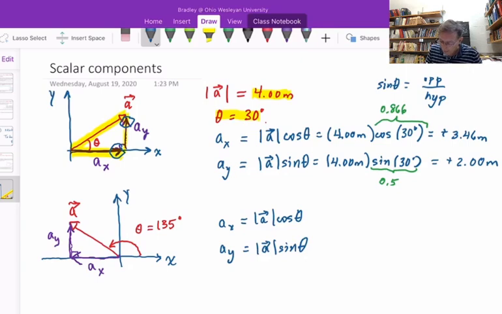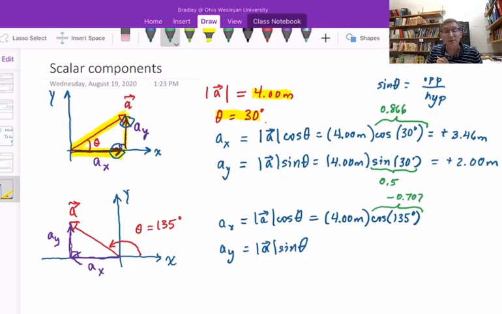So doing that, we have magnitude of A, 4 meters, cosine theta, 135 degrees. Now you go to your calculator, make sure it's in degree mode, and you ask it, hey, what's the cosine of 135 degrees? It will say, at least to 3 sig figs, negative 0.707.